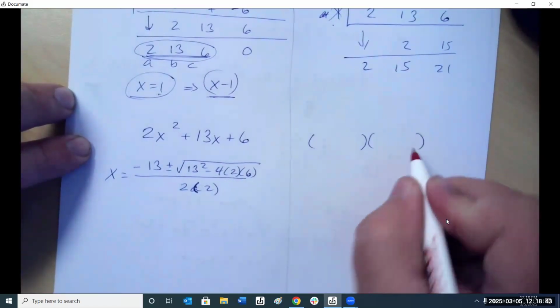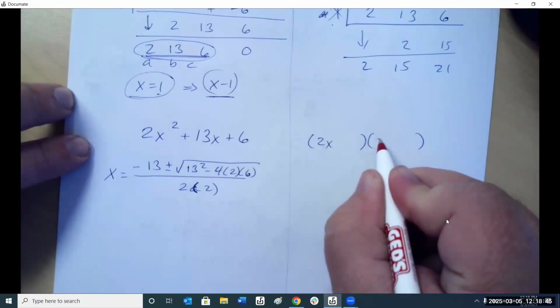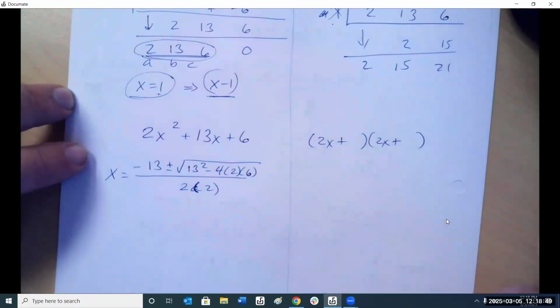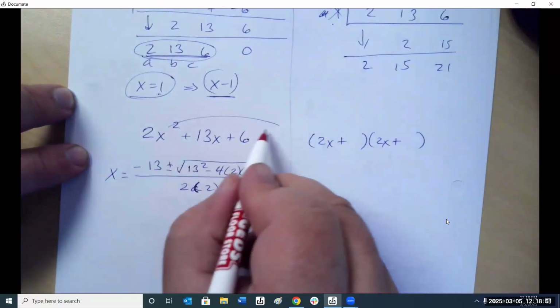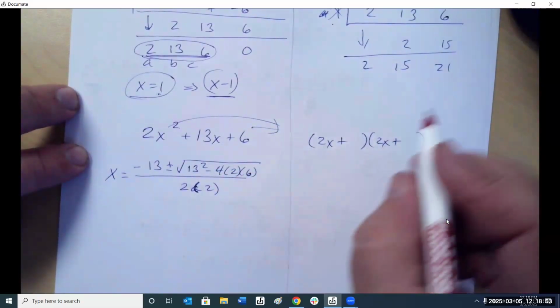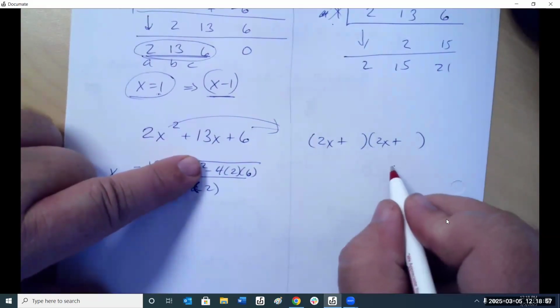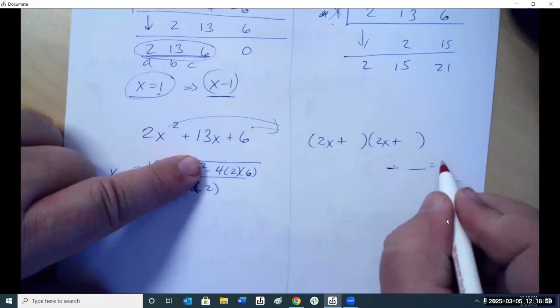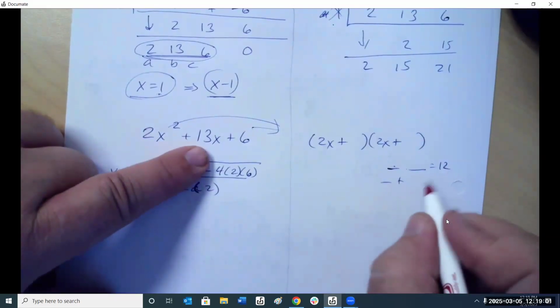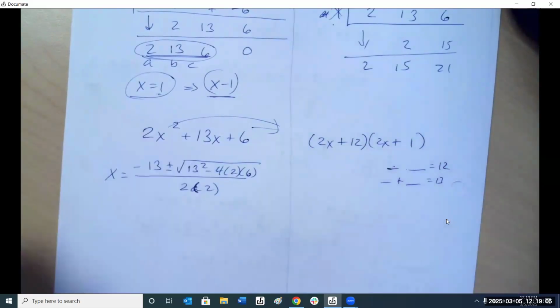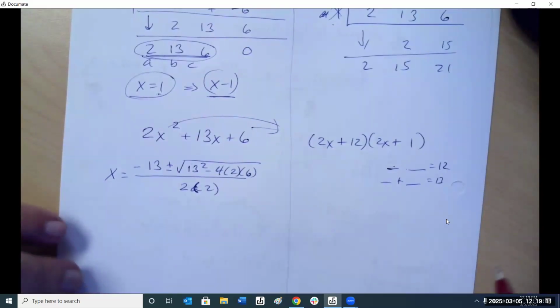If we were going to do a regular factor, so we have 2x and 2x. They're both positives. 2 times 6 is 12. So what times what is 12, and when you add them, you get 13? It'll be much easier. I try to avoid the quadratic equation.